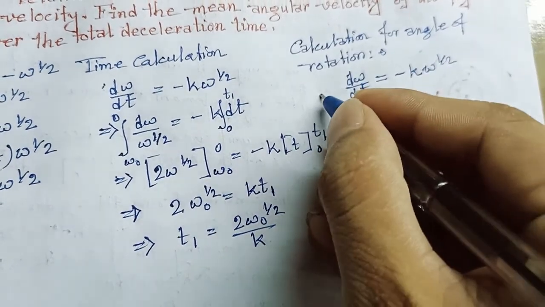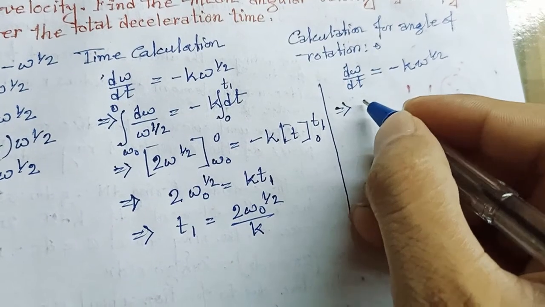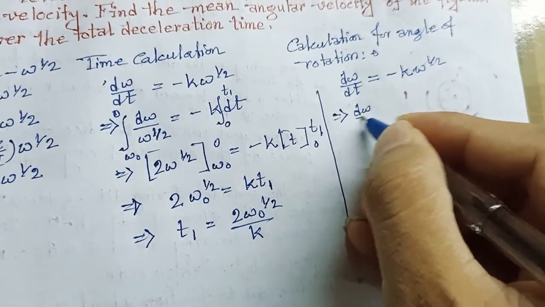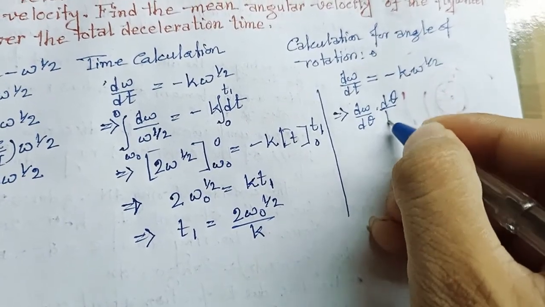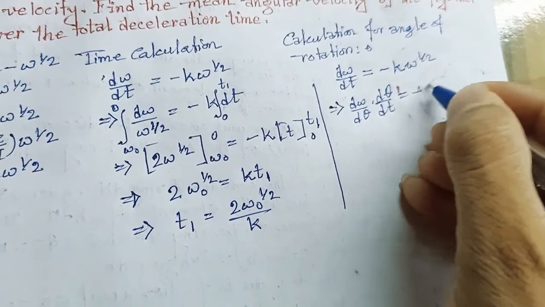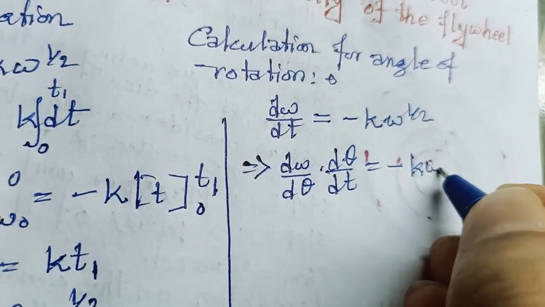So from this equation we can say this d omega with respect to dt can be expressed as d omega with respect to d theta into d theta with respect to dt is equal to minus k omega to the power half.